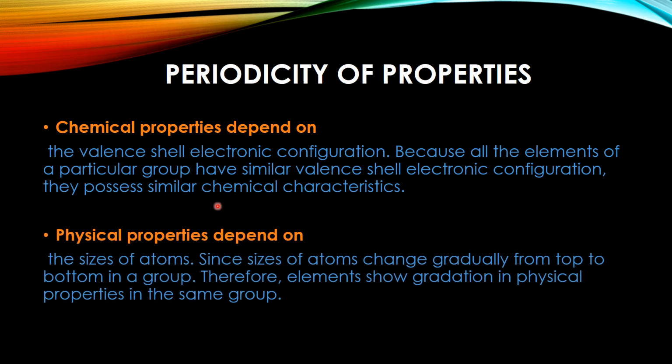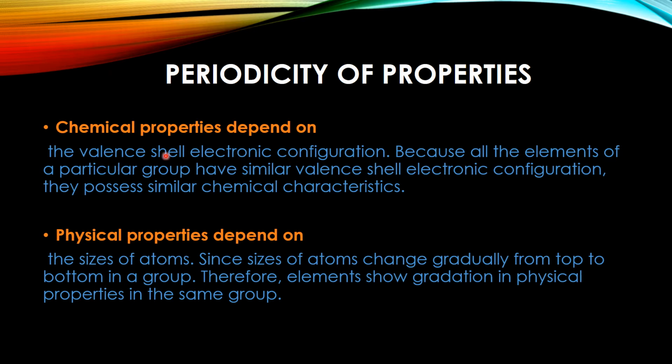And as the physical properties depend on the size of the atom, and you know that the size of the atom changes gradually from top to bottom in a group, the elements show gradation in the physical properties in the same group. So chemical properties depend on the number of valence electrons, so they will have similar chemical properties.